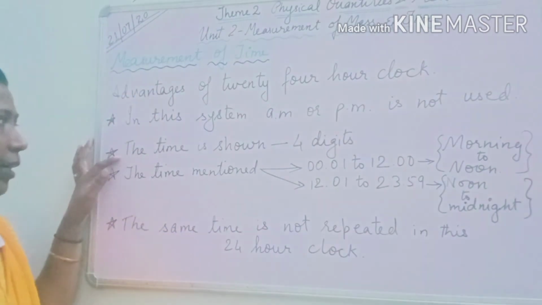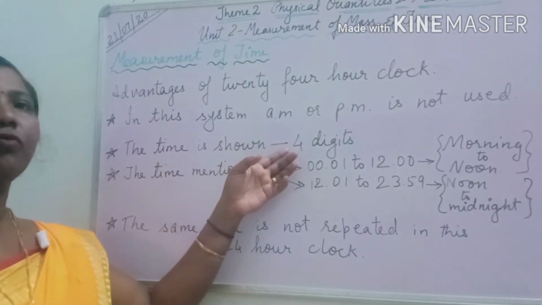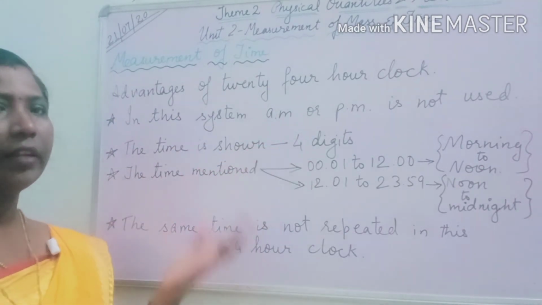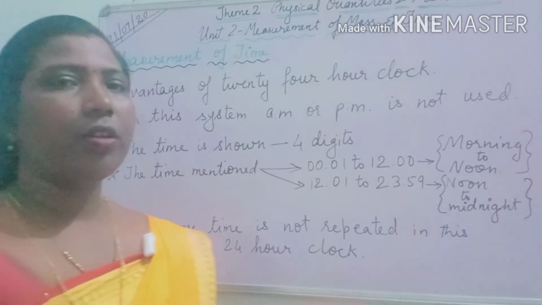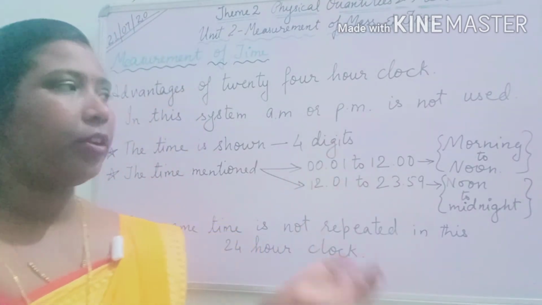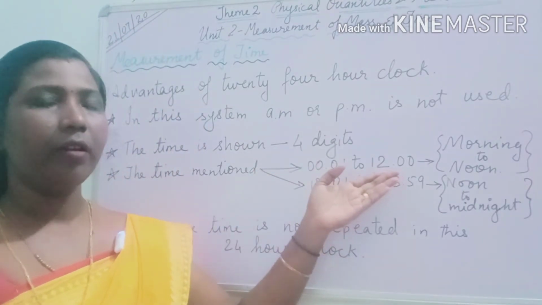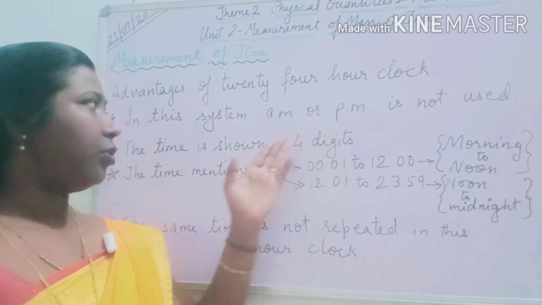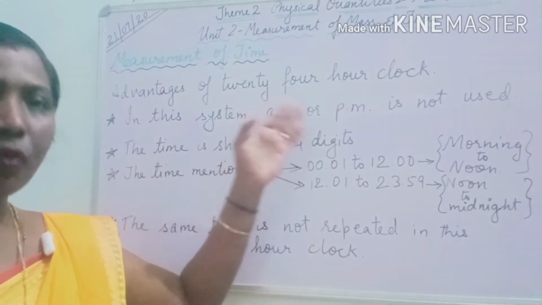Now the second point they are telling: the time is shown in 4 digits, like 00 or 02, and I have already explained this before. So the time is shown in 4 digits.